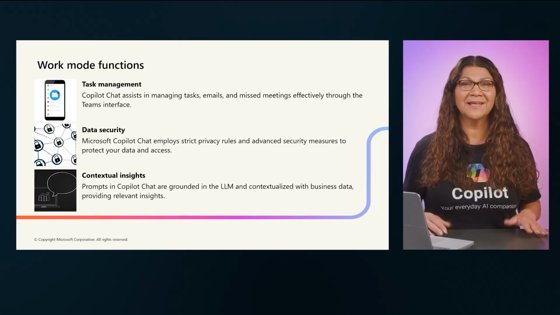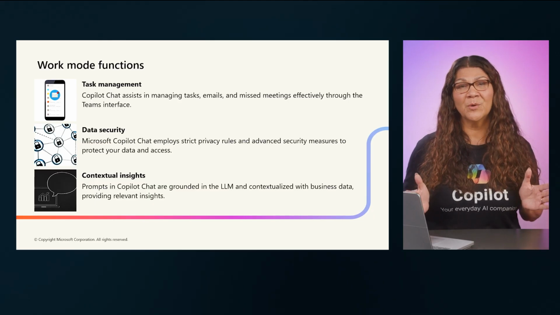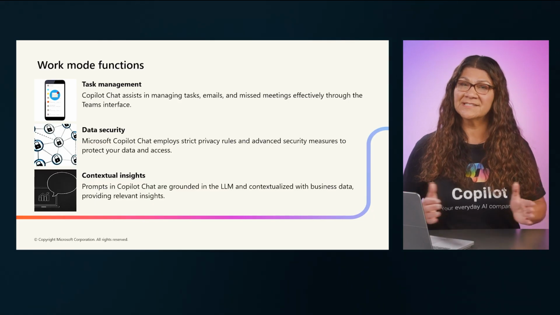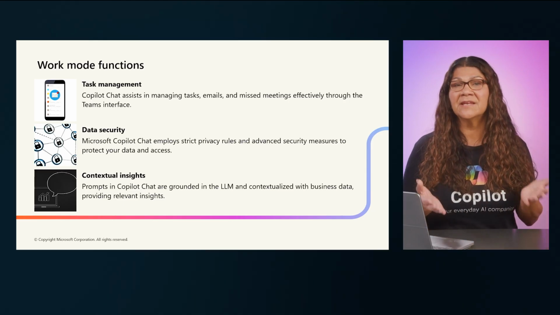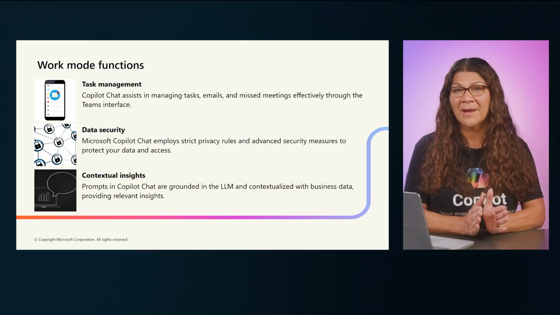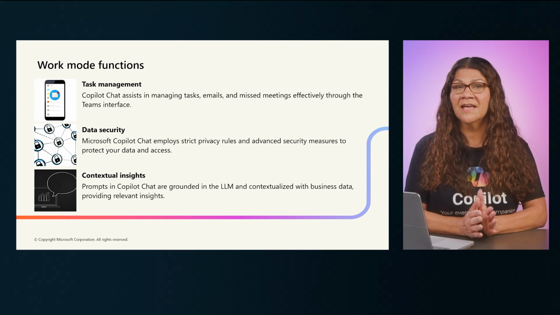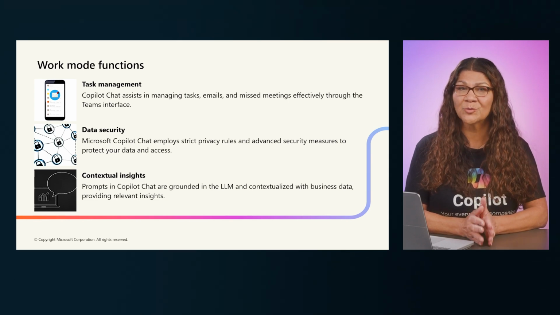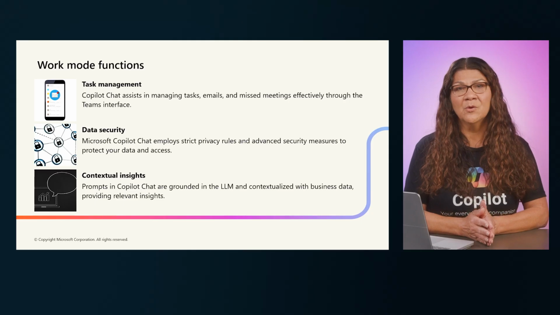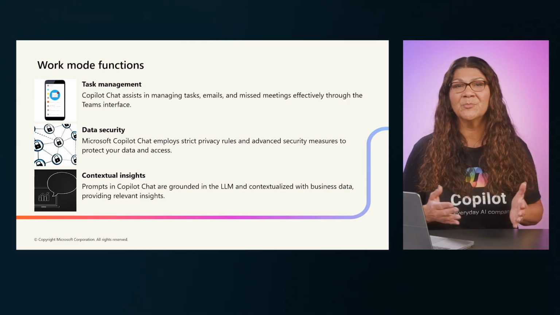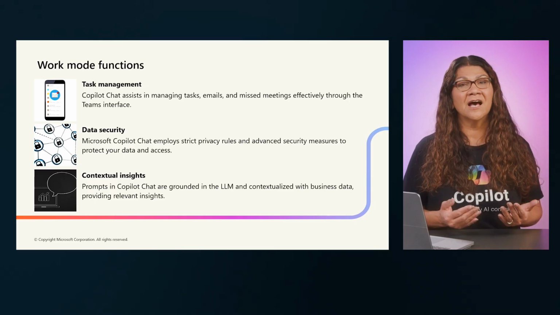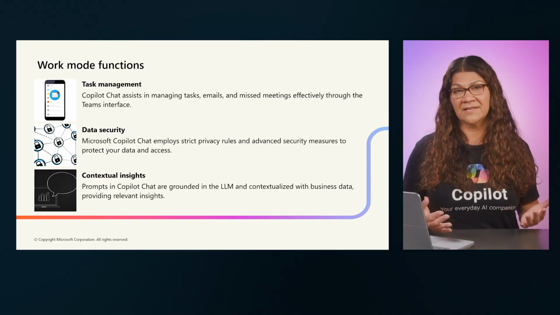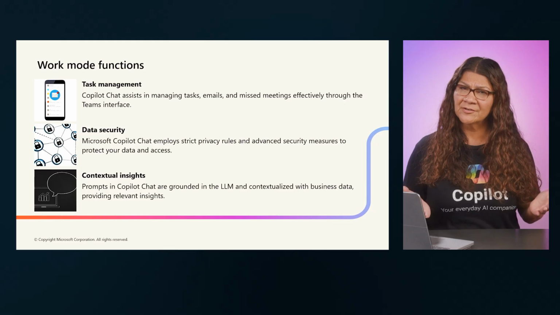Now let's look closer into what work mode enables inside Copilot Chat. Powerful task management, secure access to your Microsoft 365 data, and contextual insights grounded in your business content. When you switch to work mode, Copilot Chat can help you catch up on missed tasks, unread emails, and meetings right from the Teams interface.